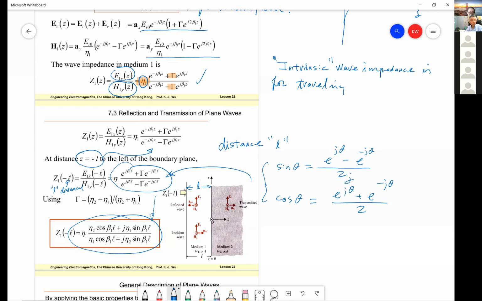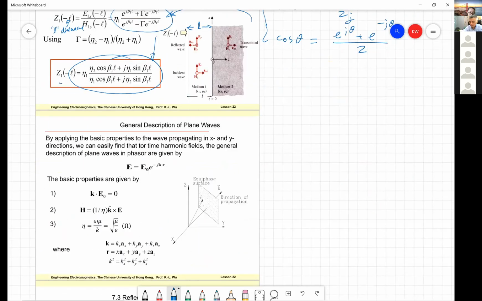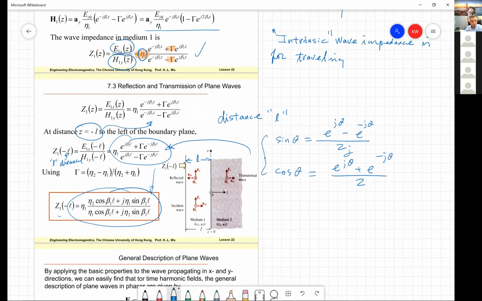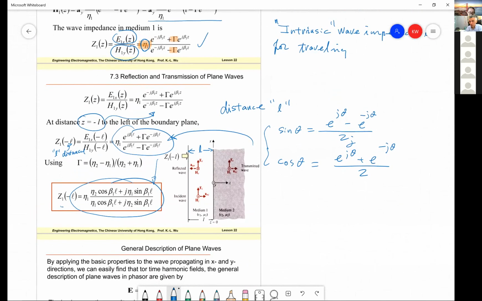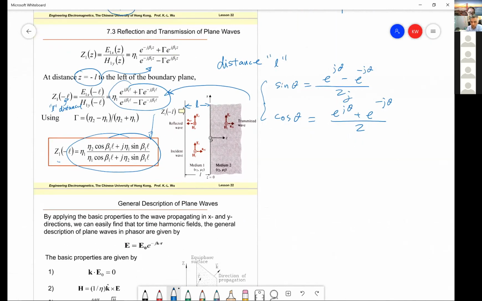So if you prefer to use trigonometric functions, that is the total impedance. That means the wave impedance at a different location has a different value, and it is a complex number. So it changes. Okay, so this is what I have. Let me take a few more minutes.